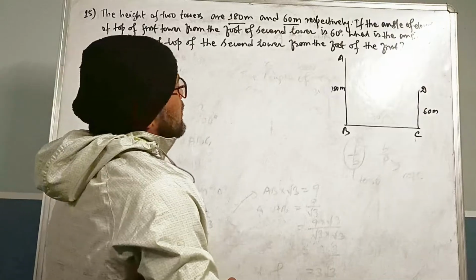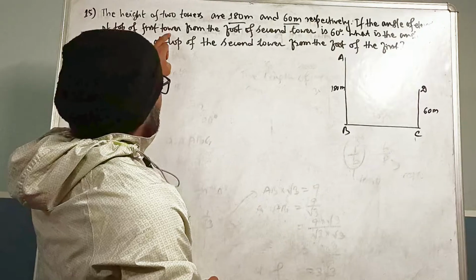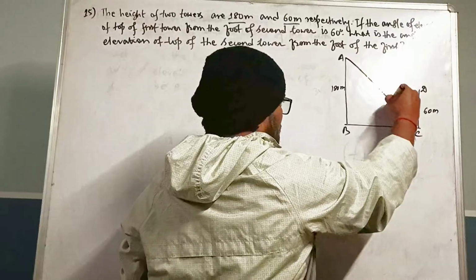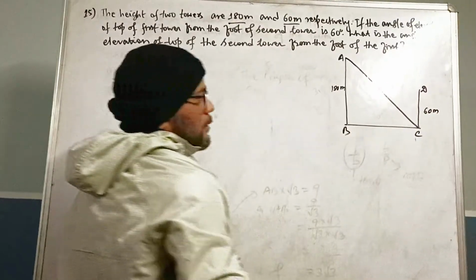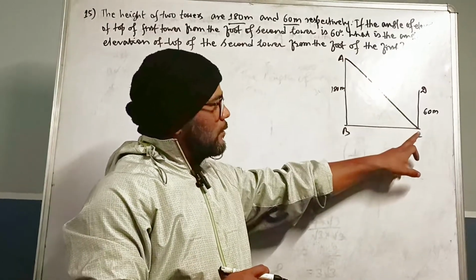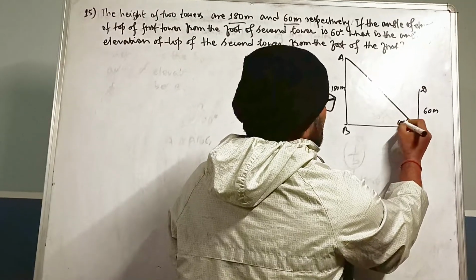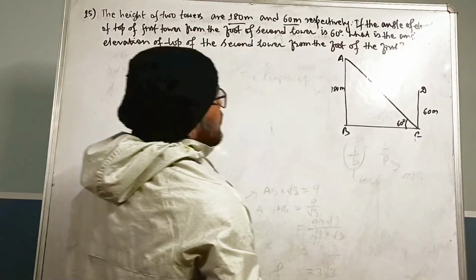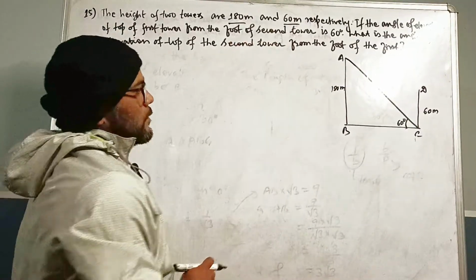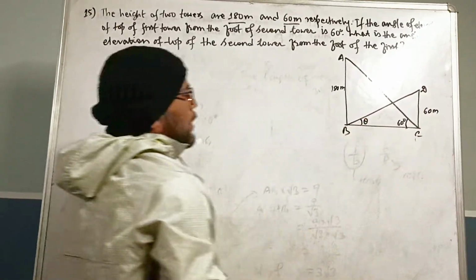It is clearly given the angle of elevation of the top of the first tower from the foot of the second tower, so you should know how to draw the diagram. The top of the first tower is point A and the foot of the second tower is point C. The angle is given here as 60 degrees. What is the angle of elevation of the top of the second tower from the foot of the first? That means you have to find the value of this angle.